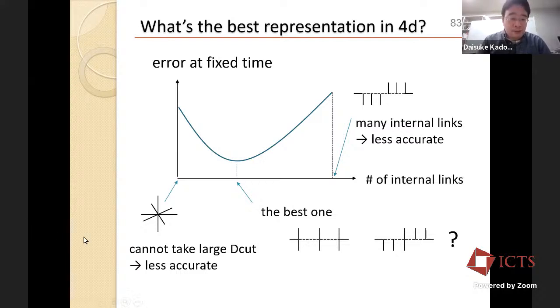However, we cannot take large D-cut because the cost of HOTRG depends strongly on D-cut. So the accuracy of the results is reduced for HOTRG. On the other hand, if we use the triad TRG method in 4-dimensional theory, there are 5 internal links in a triad representation of rank 8 tensors.